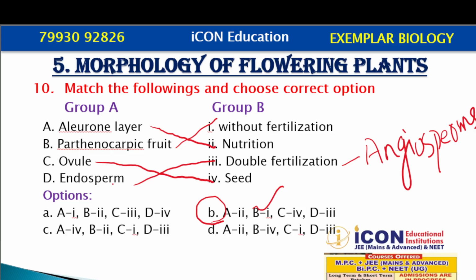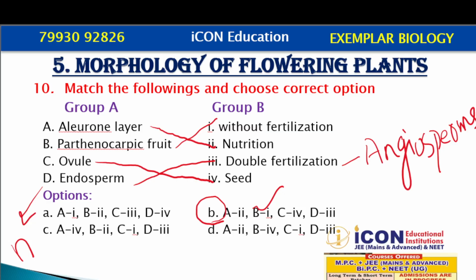In gymnosperm, the endosperm is haploid, developed from the female gametophyte, which gives nourishment to the developing embryo. Double fertilization is a unique phenomenon seen only in angiosperms.